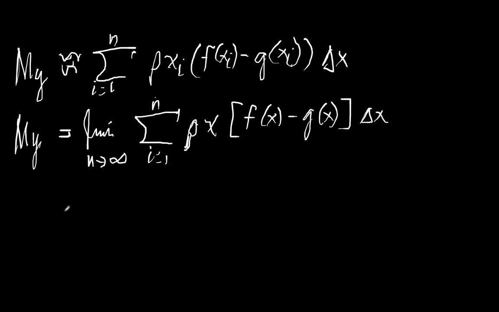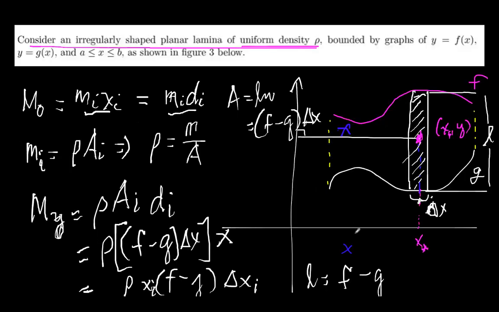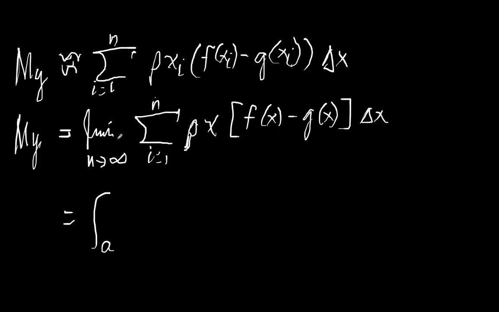All right, and we can convert this into an integral expression. Let's assume, guys, that this is equal to a and this is equal to b. These are the boundaries a to b as shown here. So that's from a to b.